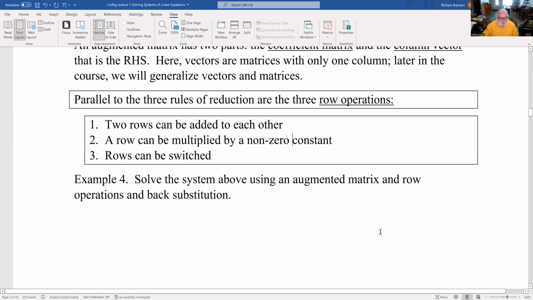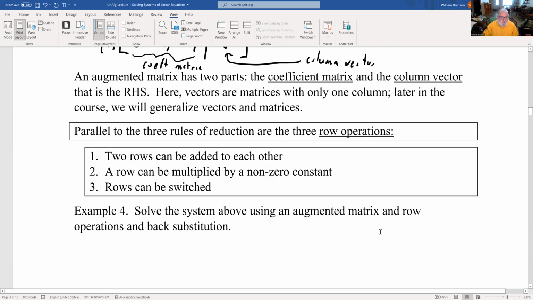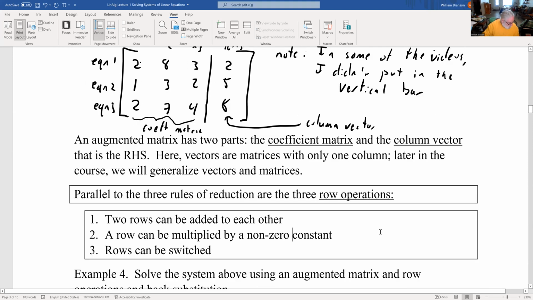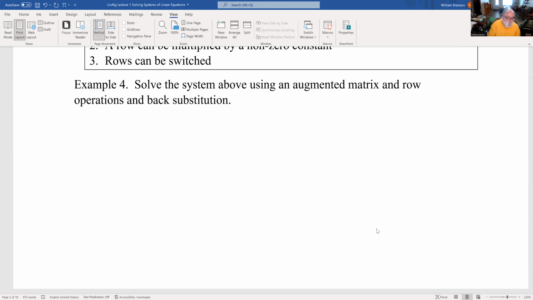So solve the system above by using an augmented matrix and row operations, and then back substitution. So we have the augmented matrix 2, 8, 3, 2, 1, 3, 2, 5, 2, 7, 4, 8.